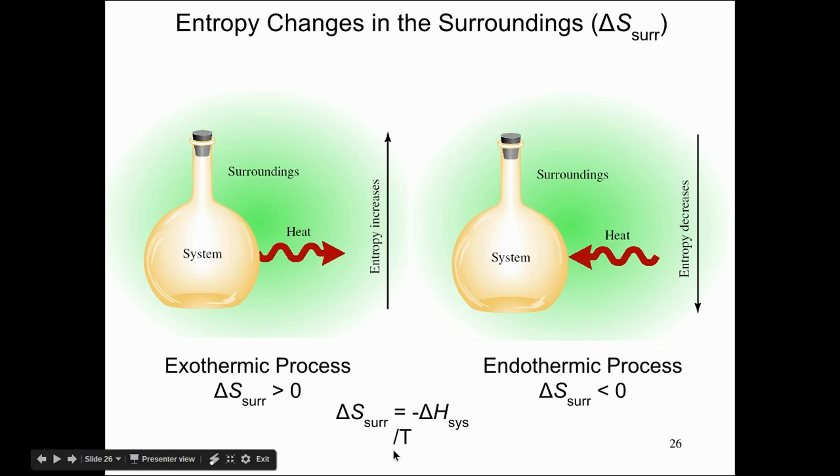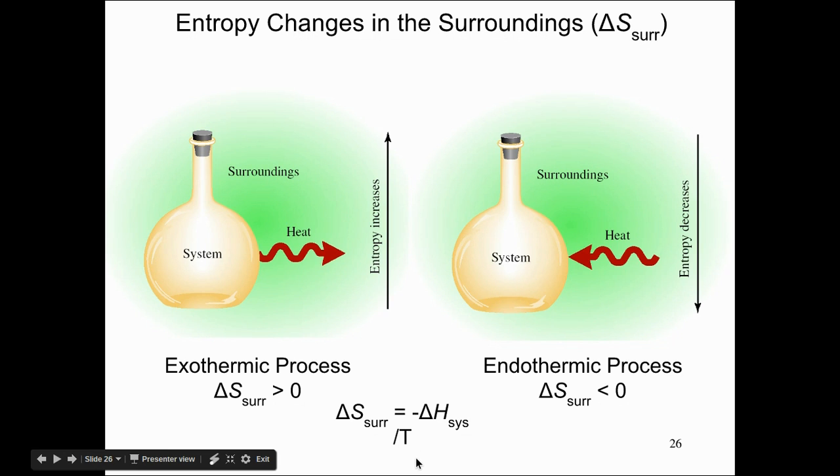So I see the formatting's a little tough here, but delta S of surroundings is equal to negative enthalpy of the system divided by temperature. There's a negative sign in front of the enthalpy of the system because if it's exothermic, you're going to get a positive sign, negative times negative. You're going to get a positive sign for entropy of the surroundings. Now, it's going to be more positive if the temperature of the surroundings is lower.